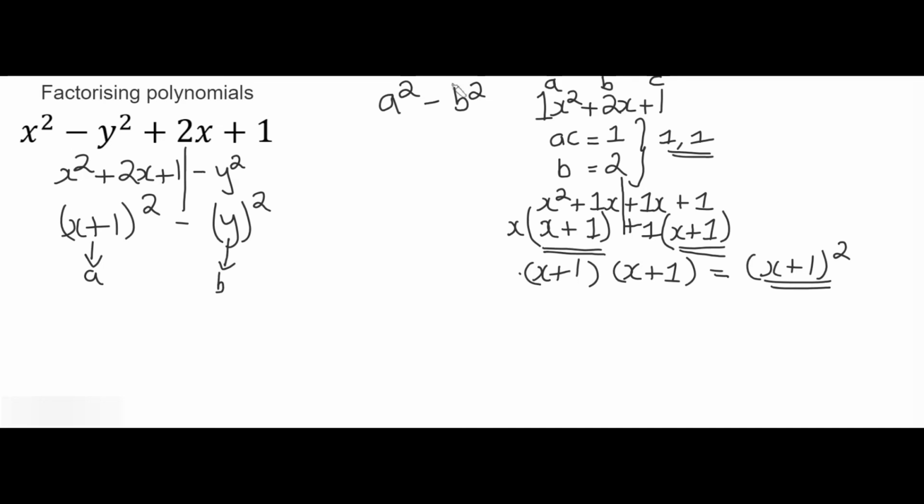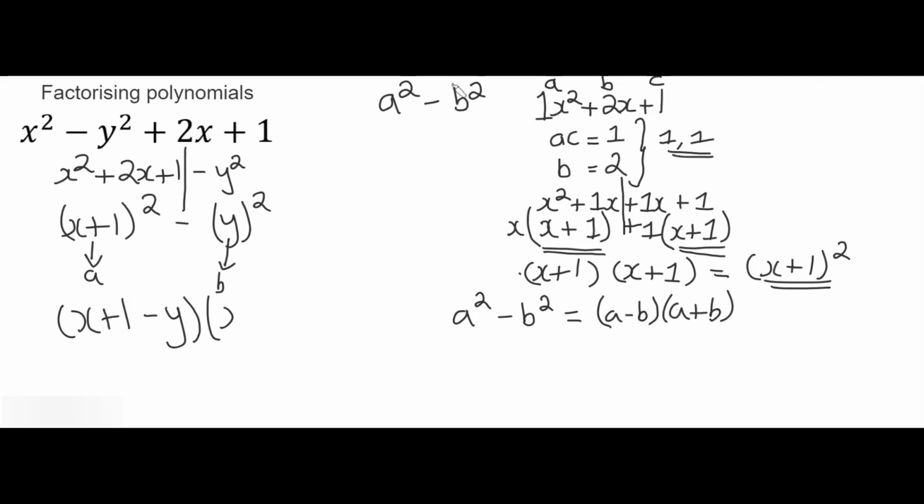Now if you know your identities, we know that a squared minus b squared is equal to a minus b times a plus b. So this equation we can write as a, which is x plus 1, minus b, and a, again x plus 1, plus b. Our b is y. Now this is our final answer.